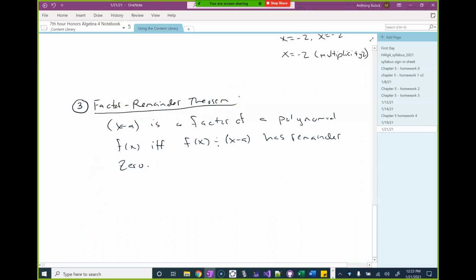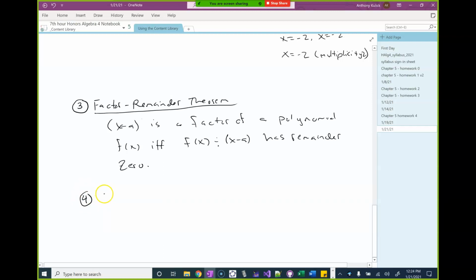So this was basically the tool that allowed us to do the synthetic division and turn it into a factor, right? Or into a factored form. Okay.